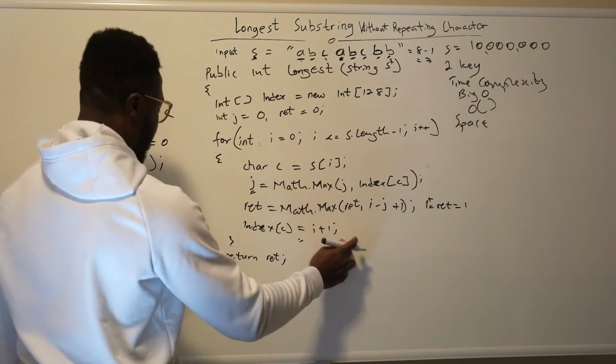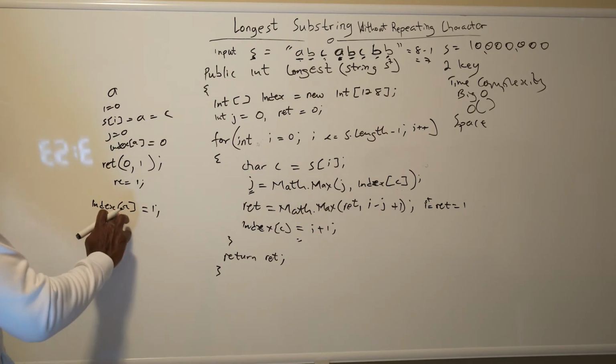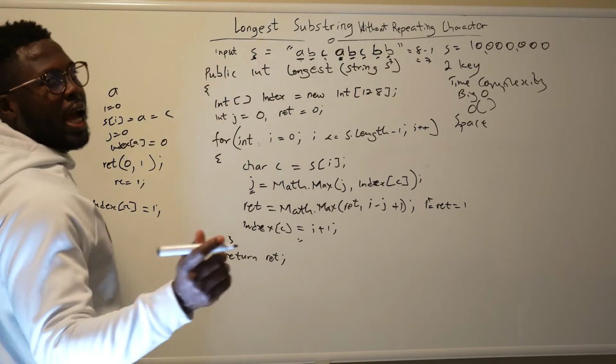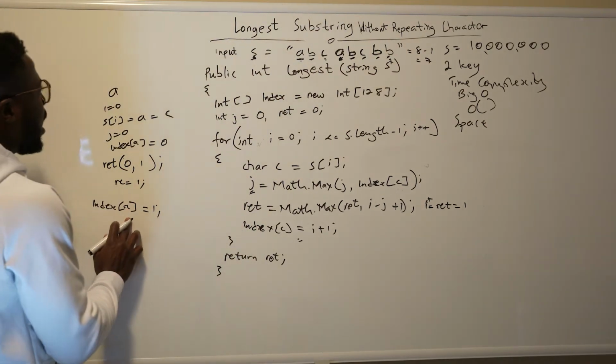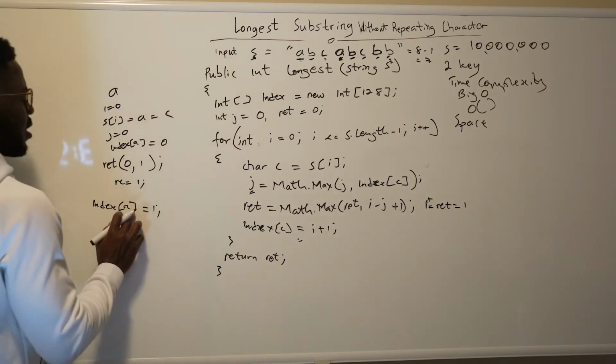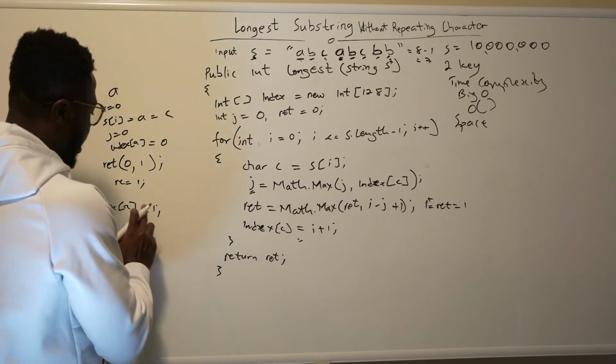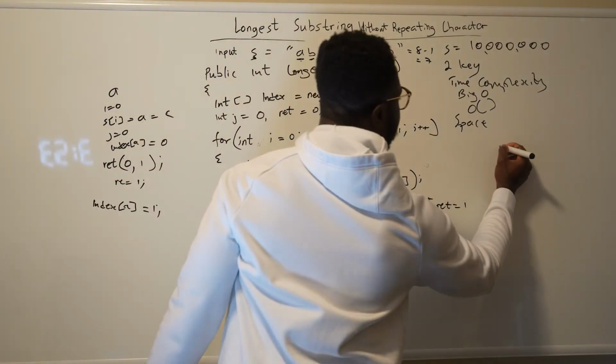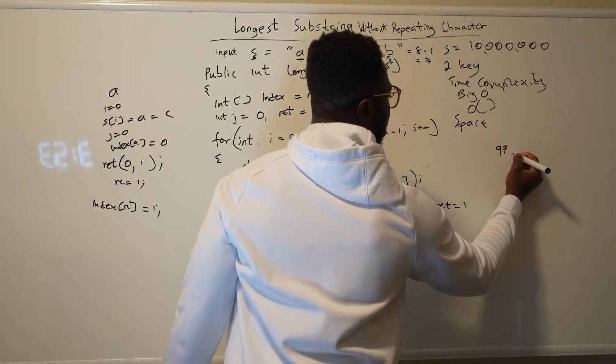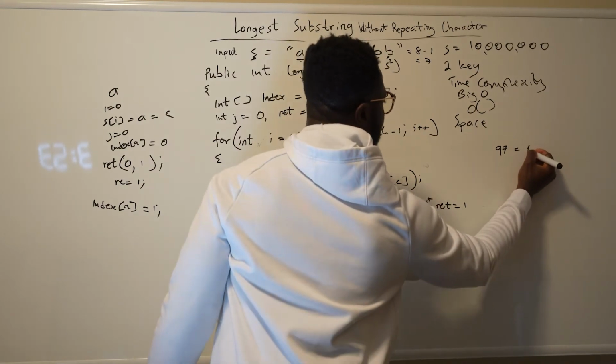So here, we know the index A is 1. And in memory, the index A is going to be the ASCII character of the letter A, which is 97, right? And it's going to be set to 1 for now.